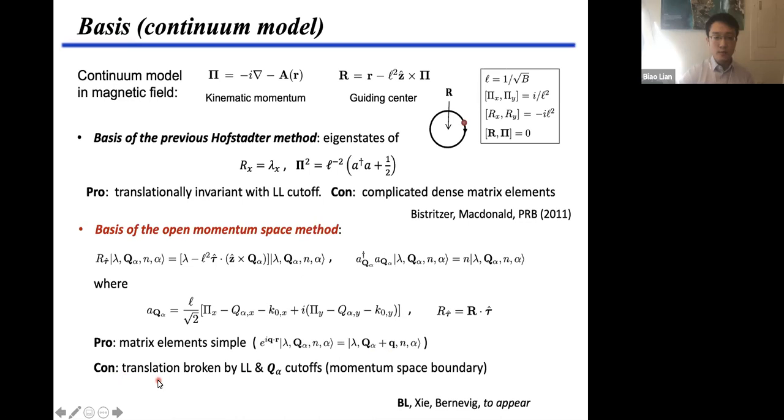But the con of this method is that the translational symmetry would be broken if we take a cutoff along the lambda level or this q lattice, which is the momentum space boundary we specified earlier.